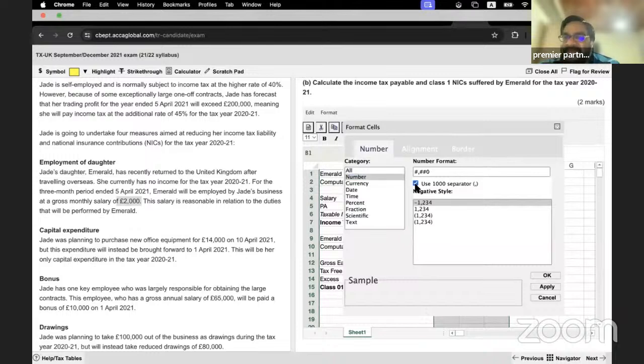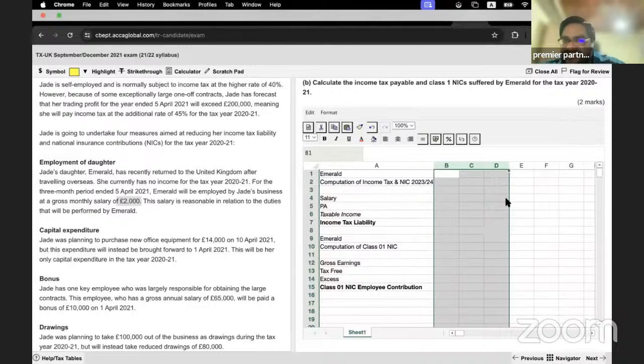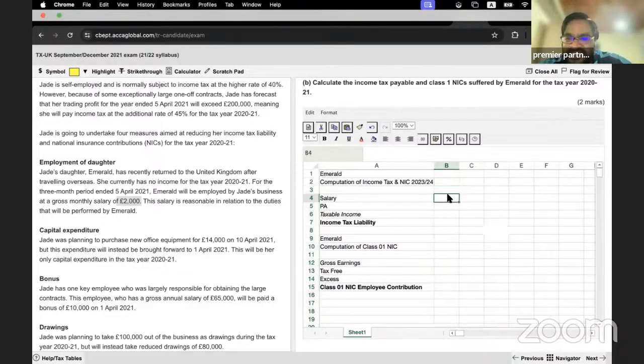That will minimize the margin for error. Click the 1000 separator and go for option 3 or 4. I prefer one of those two, since if it is a negative balance, it will be automatically bracketed and highlighted. So go to option 3 or 4, say apply. Then it will automatically close. If it doesn't close, just use the close button. Are we okay?